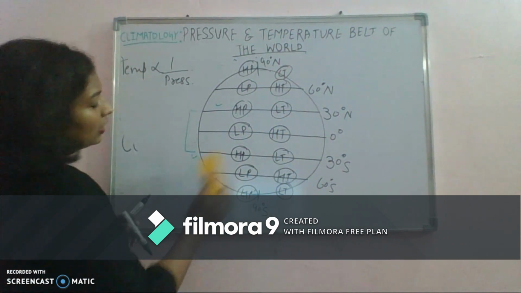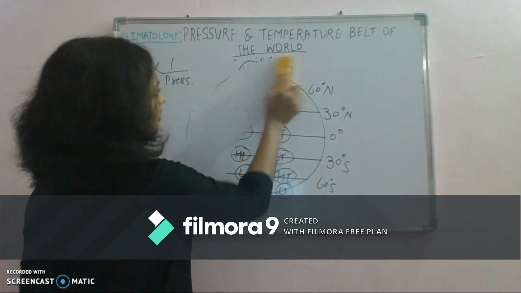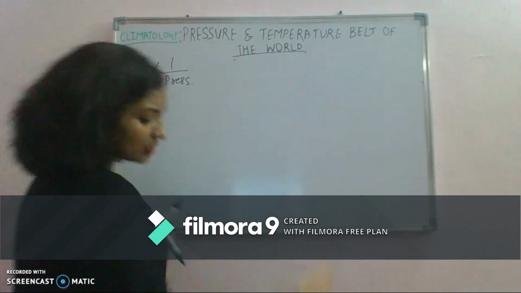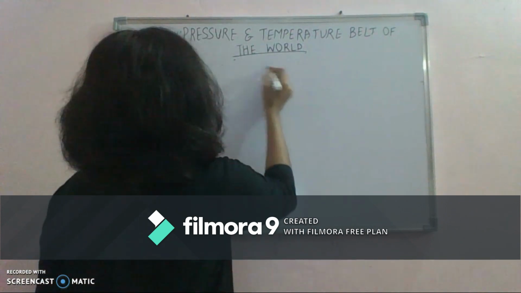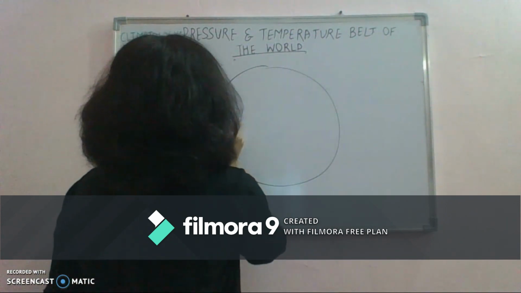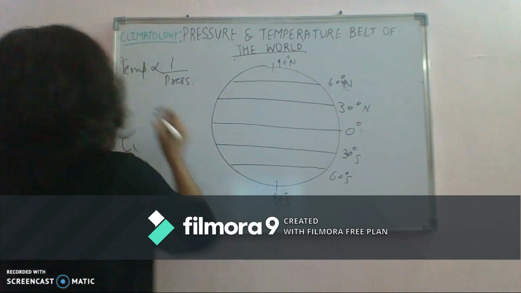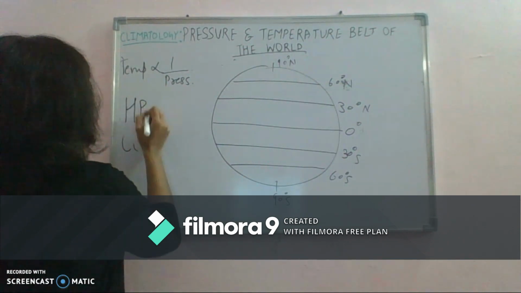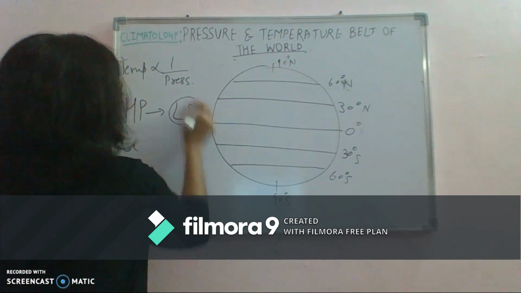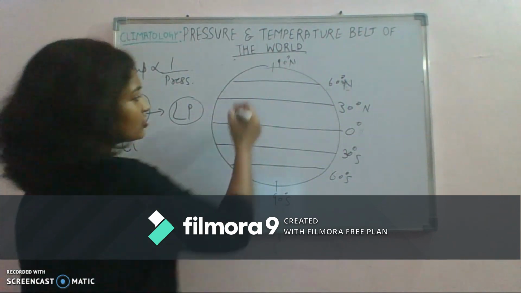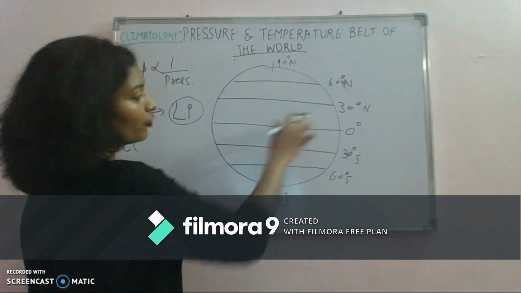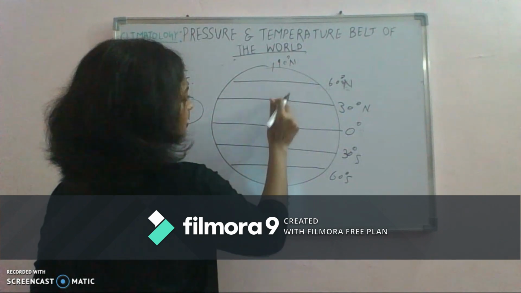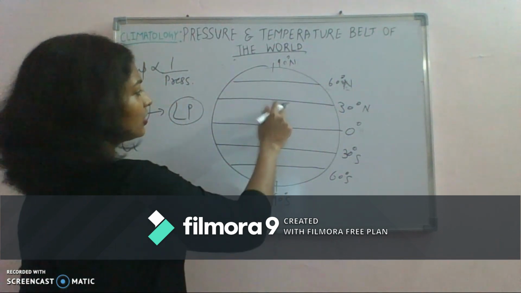Now let's understand how the wind moves in the northern hemisphere and in the southern hemisphere. Wind moves from high pressure to low pressure. By following this rule, let's draw it here. When the wind moves in the northern hemisphere, it moves from high pressure, and here it is high pressure as we discussed earlier.